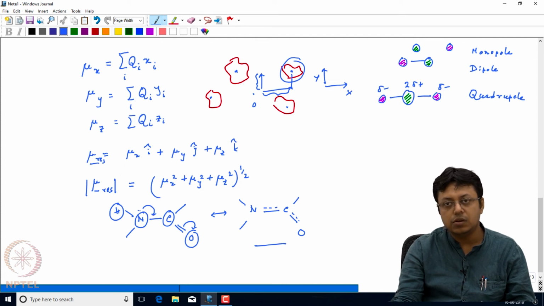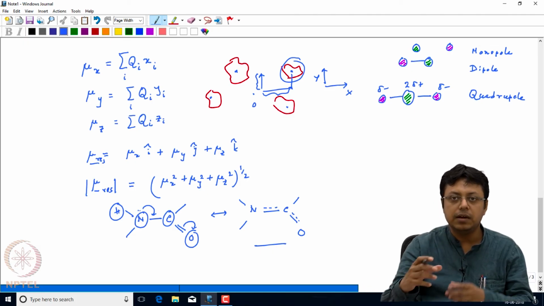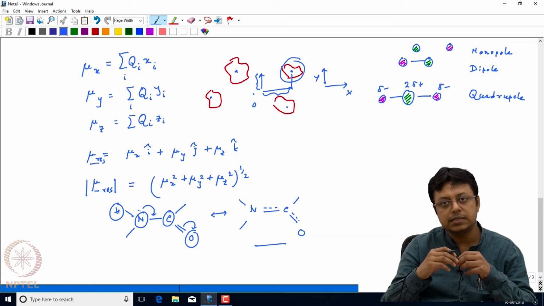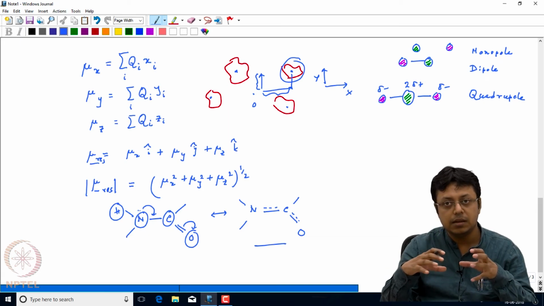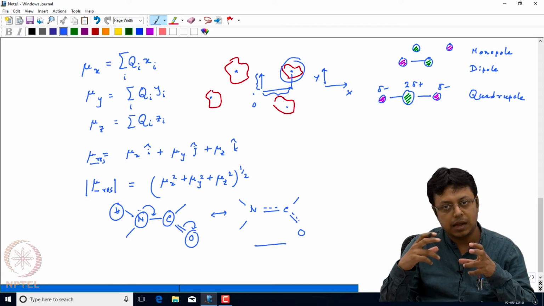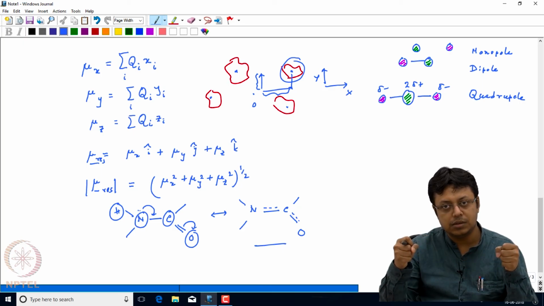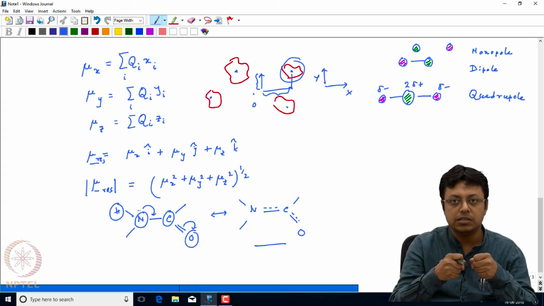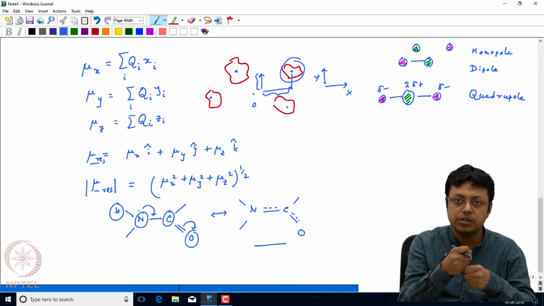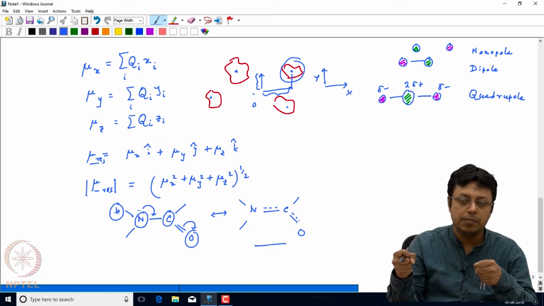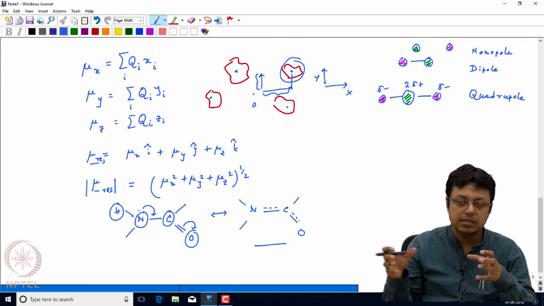And then you also have octupole and many other distributions of the charges, but those are very particular distributions, in the sense that the way we have described it, a dipole is basically two distinct charges. Then we have quadrupole, which has a very particular arrangement, a linear arrangement of a negative charge, then a positive charge of twice the magnitude, then again another negative charge, something like that.